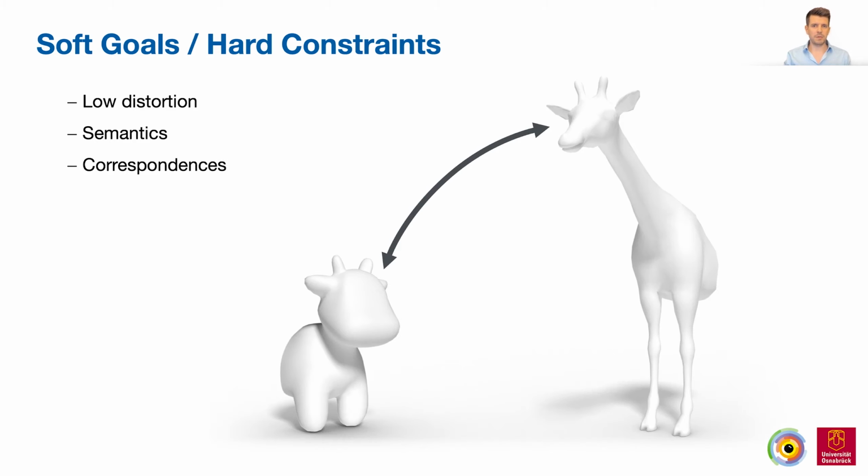For instance, we may know somehow that a particular point on surface A is supposed to be mapped to a particular point on B. If we knew this for all points, we wouldn't be looking for a map anymore. Instead, there are scenarios in which we know this for a sparse set of points, in some cases referred to as landmark correspondences. On the one hand, this can be viewed as complicating the search for a map, as additional conditions are to be satisfied.